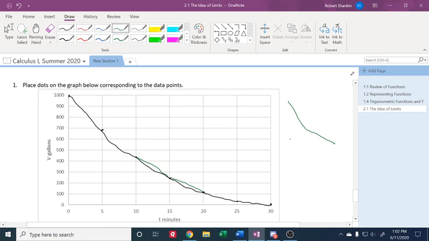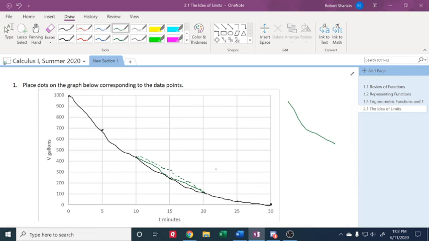Then draw the secant line using a dashed line from the interval 10 to 20. From 10 to 20, the dashed line would be something like this.